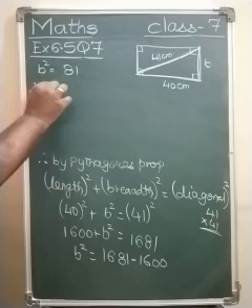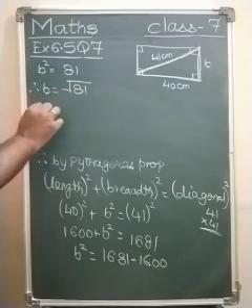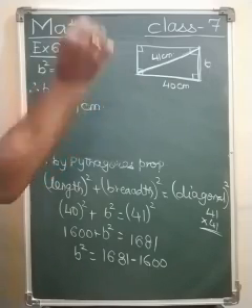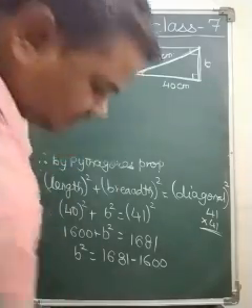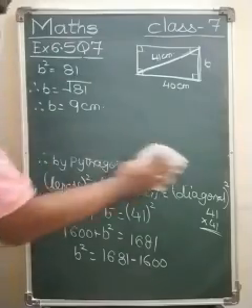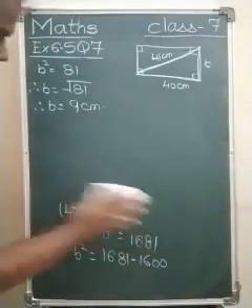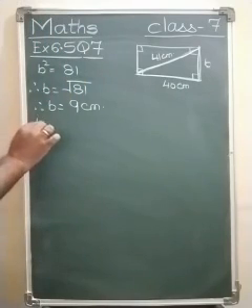Therefore, b equals root of 81, so b equals 9 centimeters. 9 nines are 81. Now, length is known, breadth is known. We have to find the perimeter.